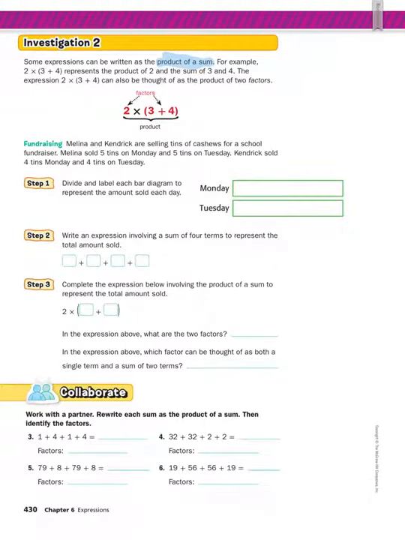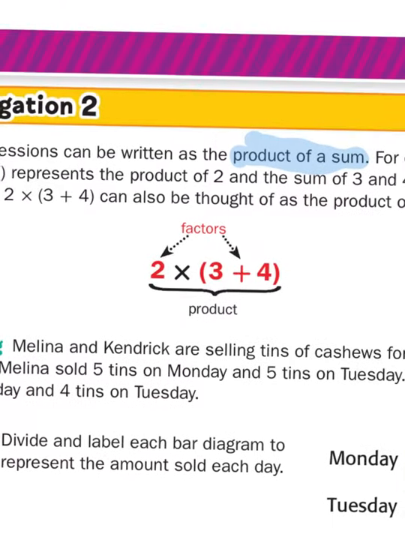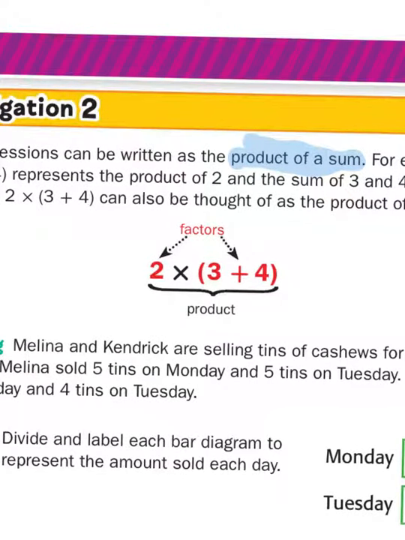Let me try explaining it a little bit better here. So this whole problem is called the product of a sum. And here is why. The product is because it has a multiplication sign here, right? And you know the product involves multiplication. Now it's a product of two things.